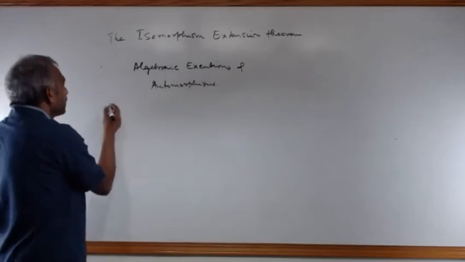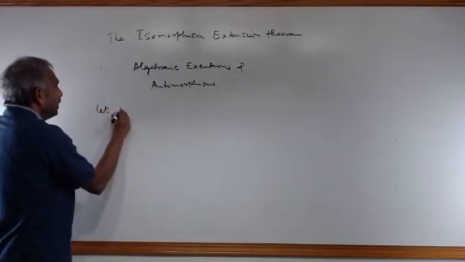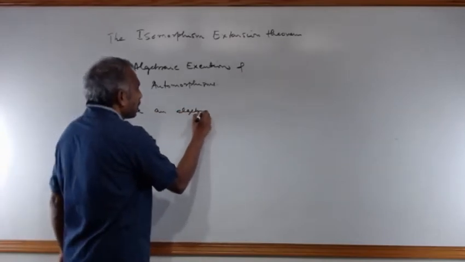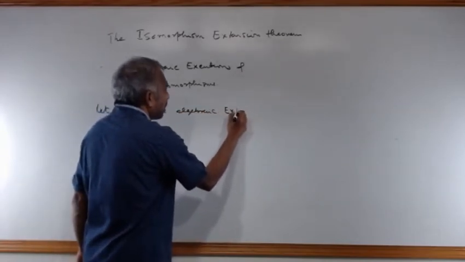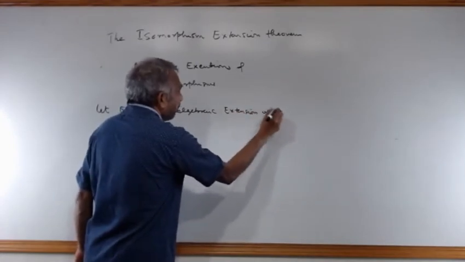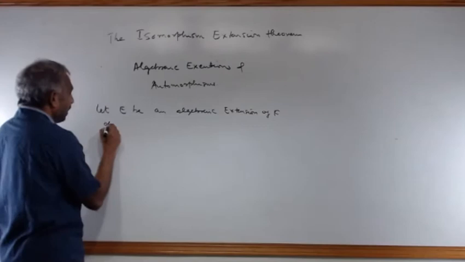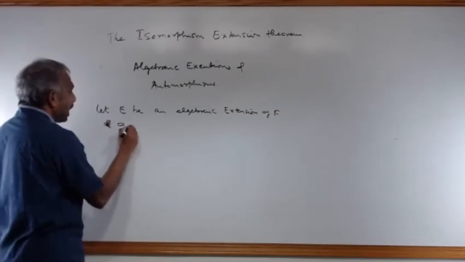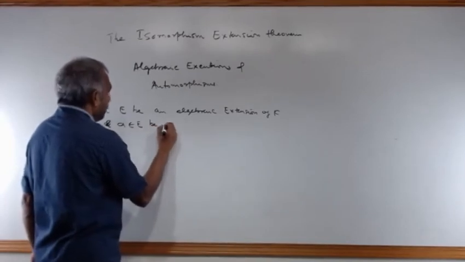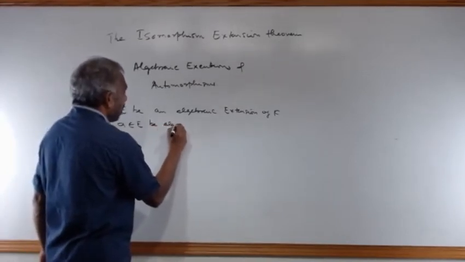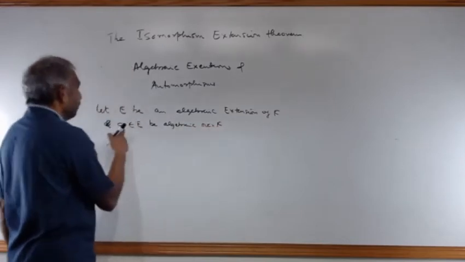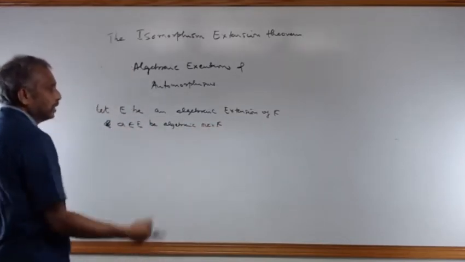In an algebraic extension, let E be an algebraic extension of F and alpha belongs to E be algebraic over F. Of course, if alpha is in E, it's always algebraic.